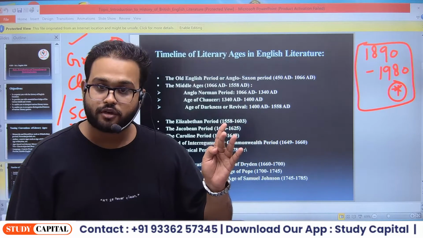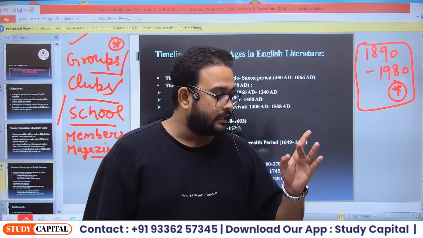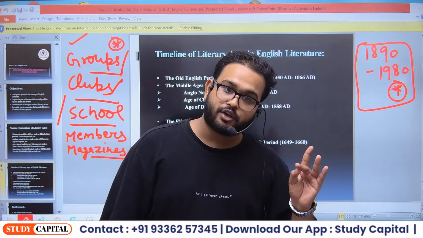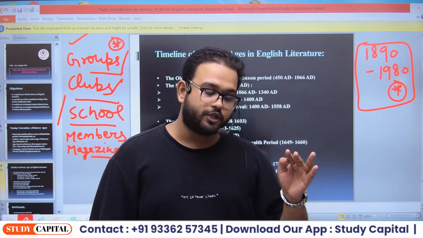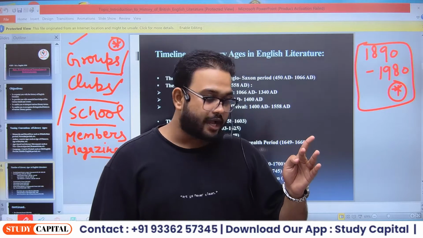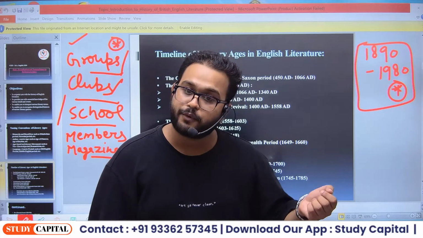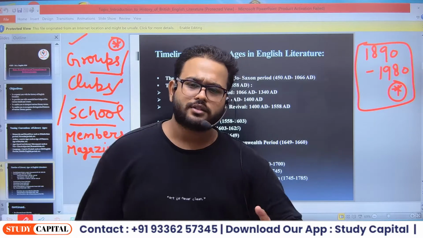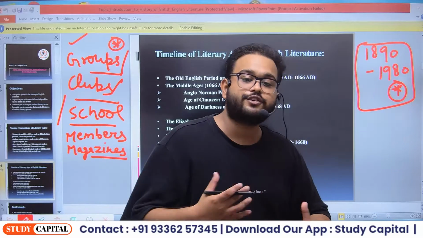The Lost Generation of the 1920s, the Auden group of the 1930s, the New Apocalypse poetry of the 1940s, the Movement poetry, the Confessional poetry, the Kitchen Sink drama, the Angry Young Men movement, and many other movements in the 1950s, the Martian poetry of the 1960s, and it goes on.